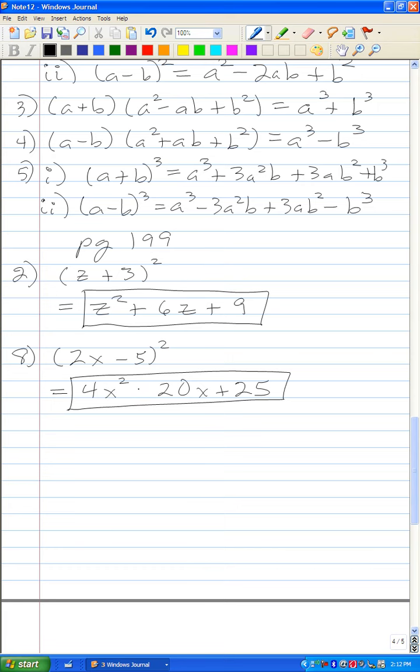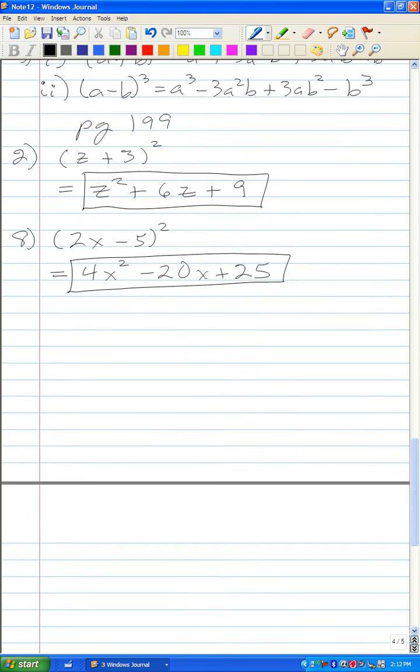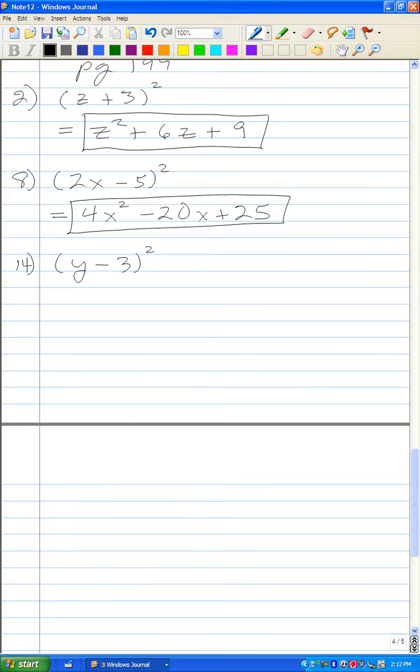Let me do problem number 14. Y minus 3 squared is equal to y squared. Y times negative 3 is negative 3y, times 2 is negative 6y. Negative 3 quantity squared is 9. And that is your answer.